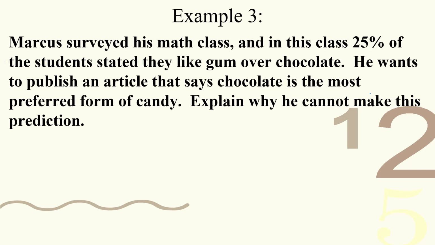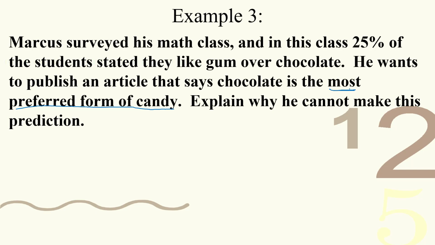All right, welcome back. Why can't he make this prediction? Well, since I can't ask for your responses, I'm going to have to point out one of the most obvious. He wants to publish an article that says chocolate is the most preferred form of candy. Now, did he identify his population? No, he did not.